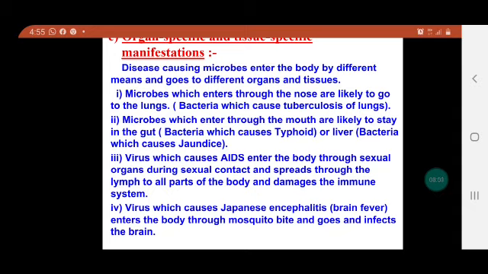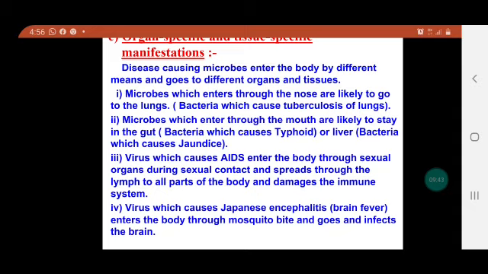For example, children, in the case of HIV, the virus which causes AIDS, it will enter through the blood and travel throughout the lymphatic system, lymph nodes, and destroy our immune system completely. We don't have any immune power in our body, so we get all kinds of diseases, from the common cold to whatever disease is prevailing in that area, because the immune system is completely destroyed.